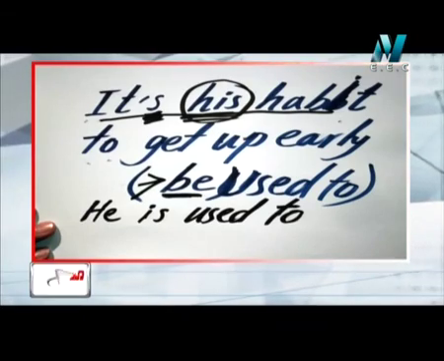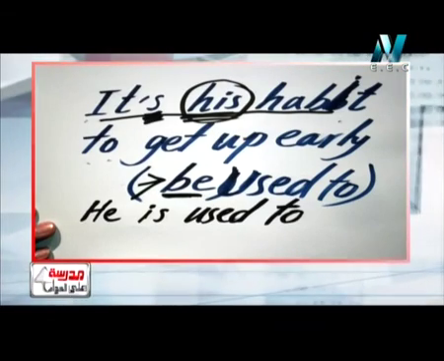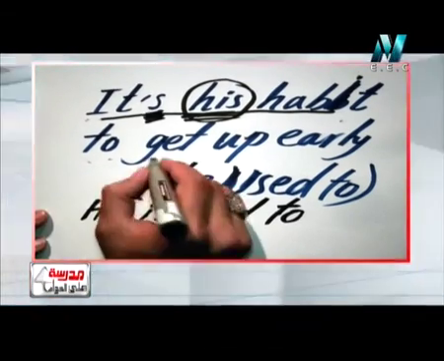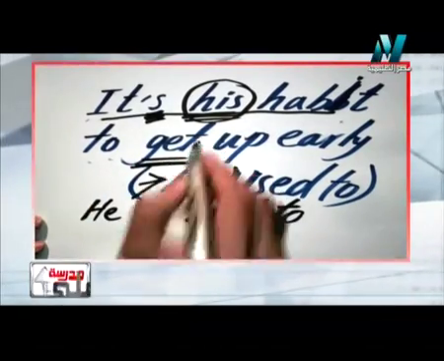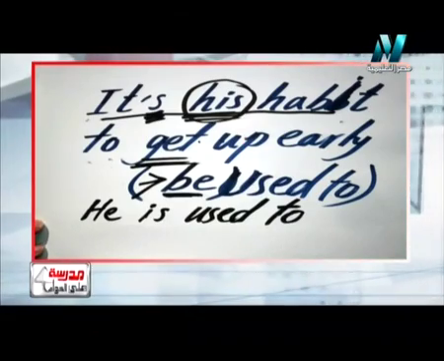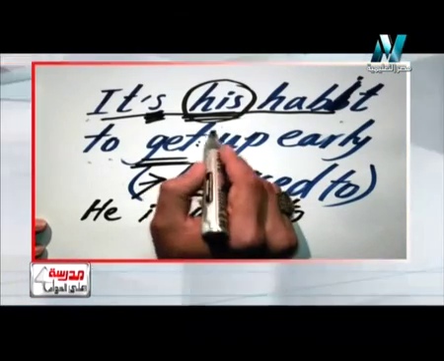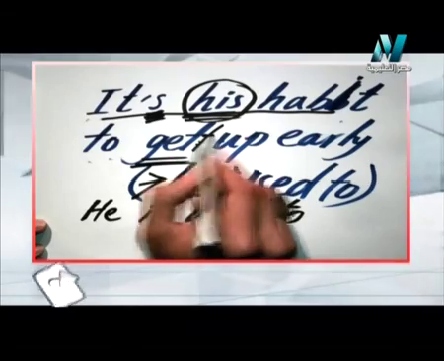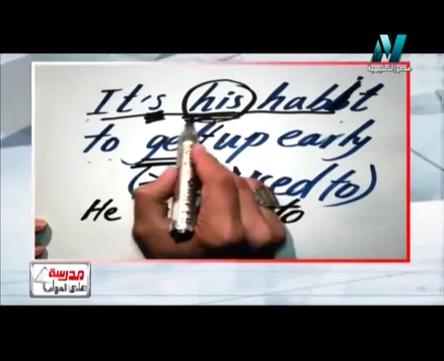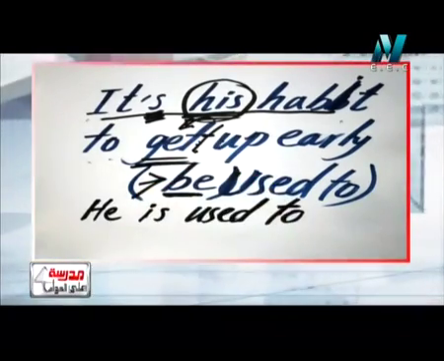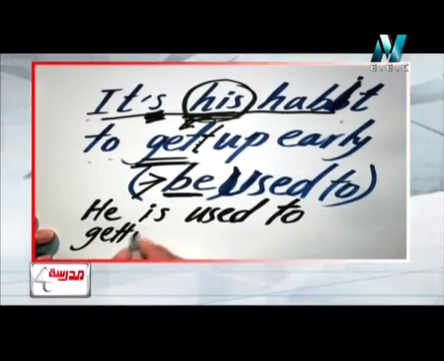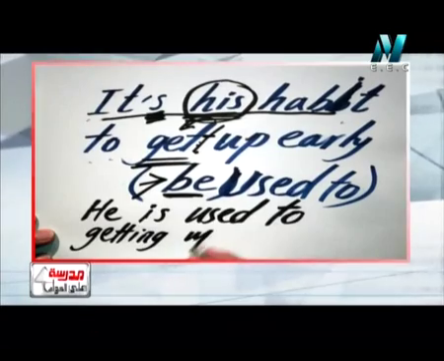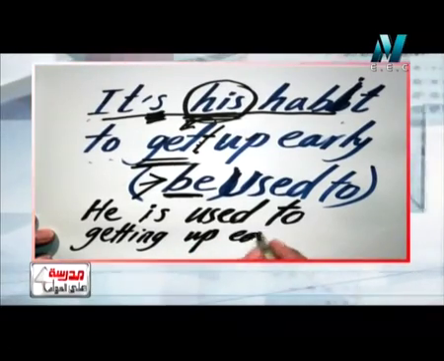Followed by what? Infinitive or ing? Verb plus ing? Yes, very good. So we add ing here, and don't forget to double the last letter, because it is preceded by a vowel. So he is used to getting up early.